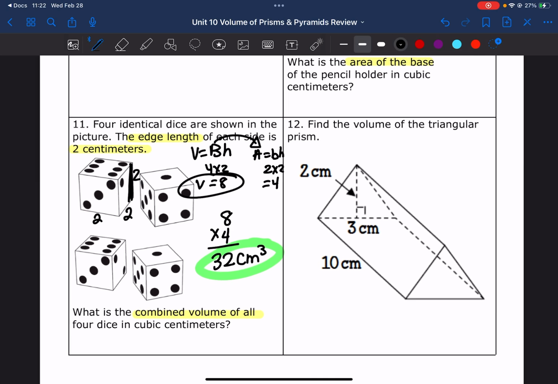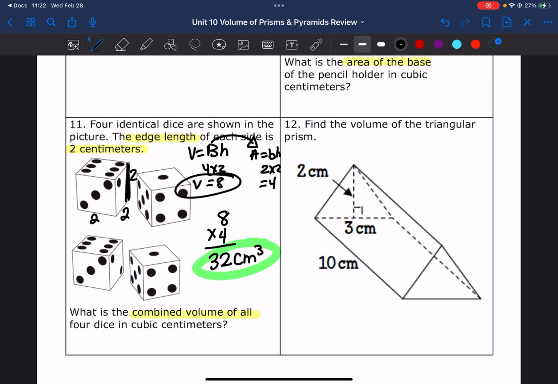All right, number 12, we have a triangular prism. So here's the thing, the volume for a prism is V equals capital B times height, but we are going to use area equals base times height divided by 2 to find the area of the triangular base, which is this piece right here, okay?